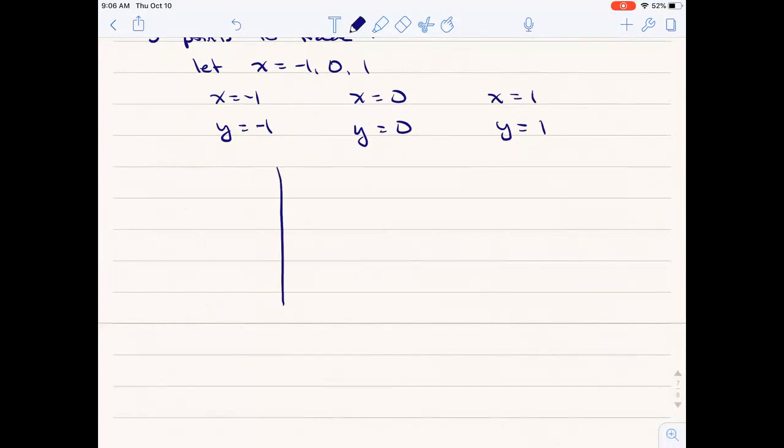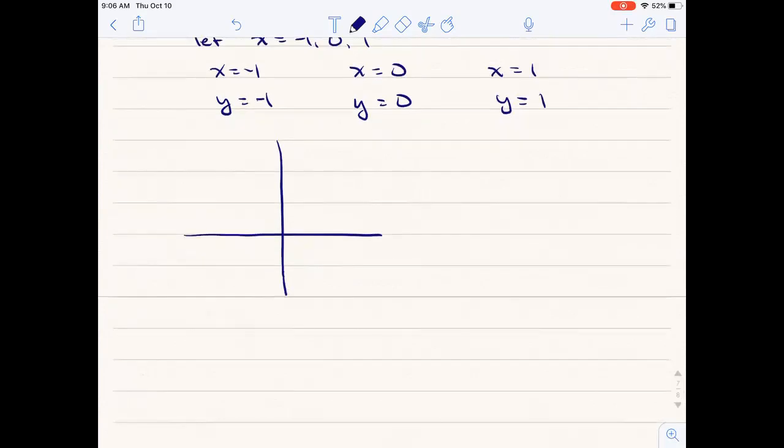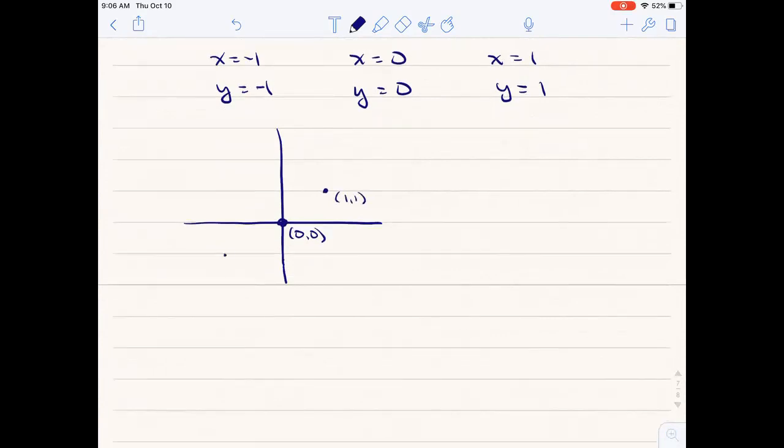So let's see what I can do here. I'll start at 0, 0, because that's always a nice one. 1, 1. I don't know, let's put it here. And then -1, -1, sorry.